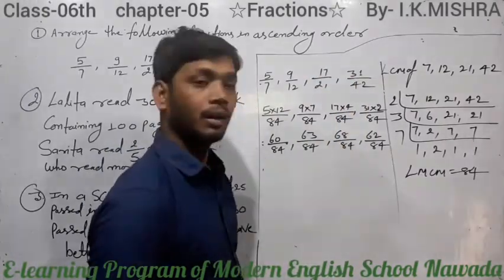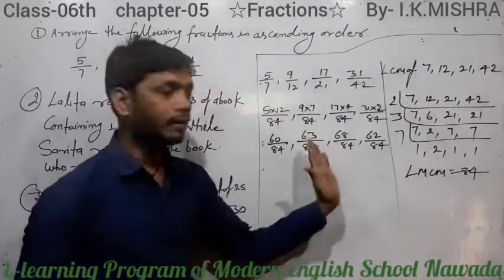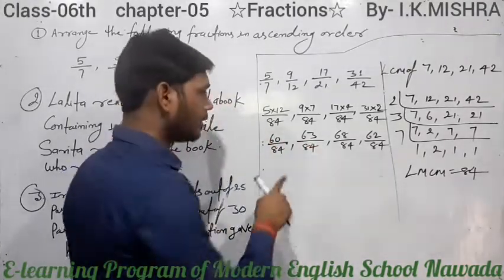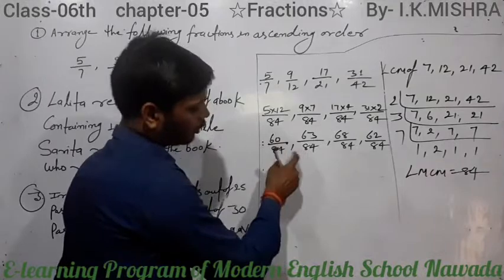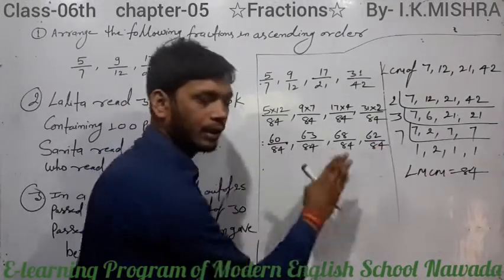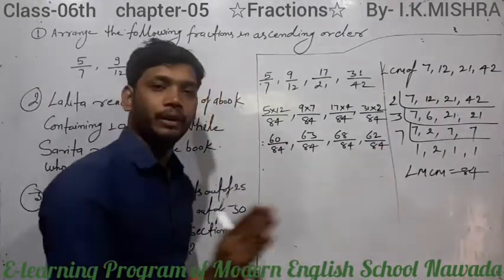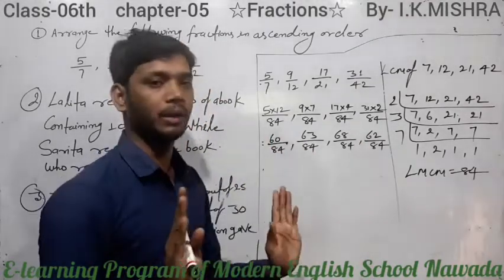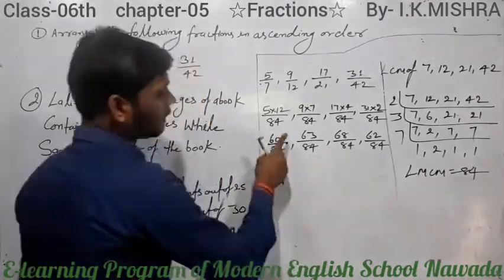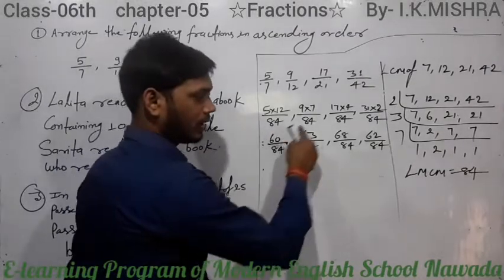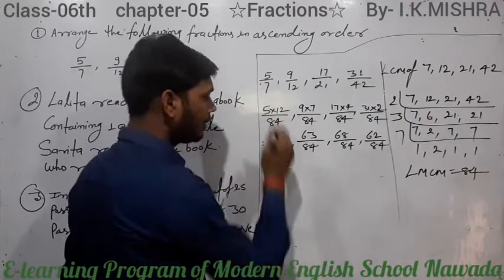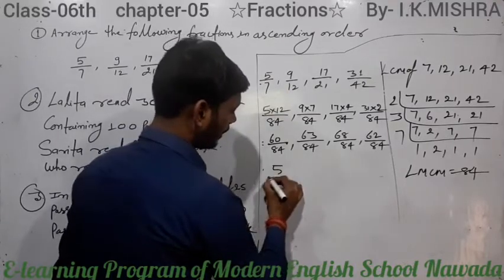Students, here you have to find which is the smallest. The smallest fraction is the one whose numerator is the smallest, when the denominators of all of these are equal to 84. Here 60 is the smallest of all, and its fraction is 5 by 7, so 5 by 7 is the smallest.